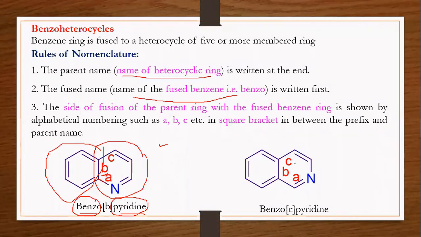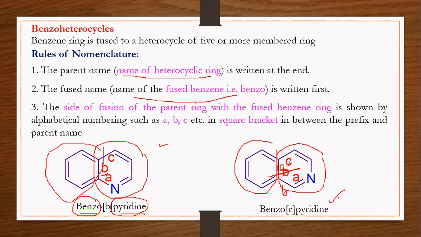Okay, now in this case the point of fusion is different. It is a, of course, then here is b, yes, and this is c. This pyridine ring and benzene ring are fused with each other at side c, and hence it is benzo[c]pyridine.